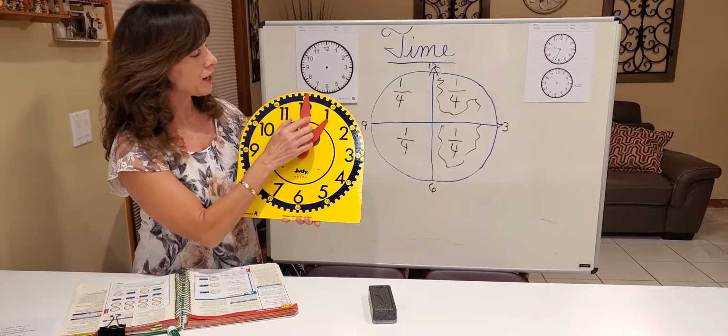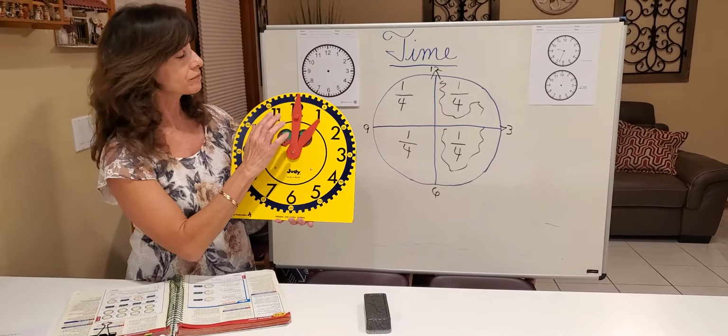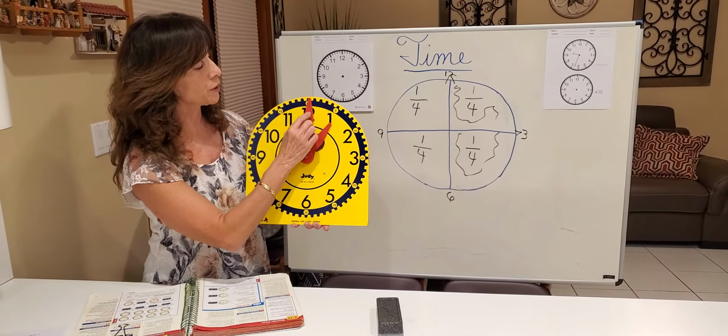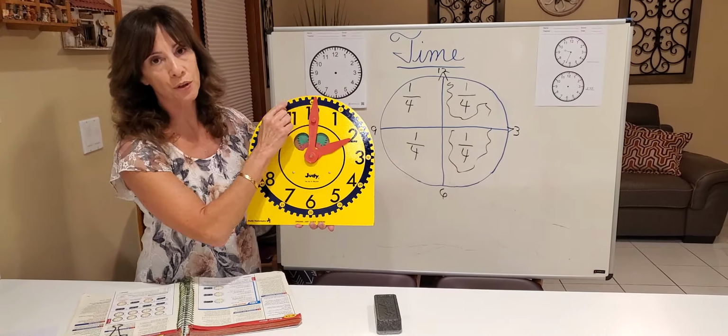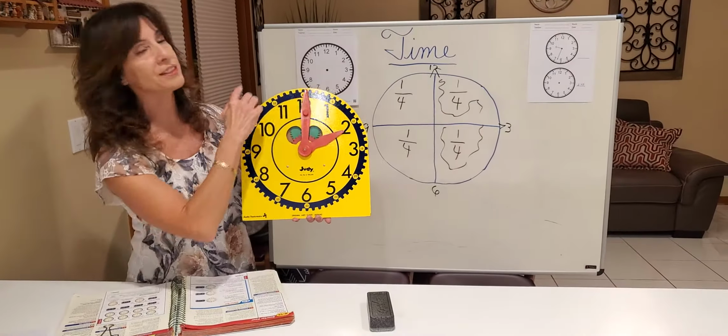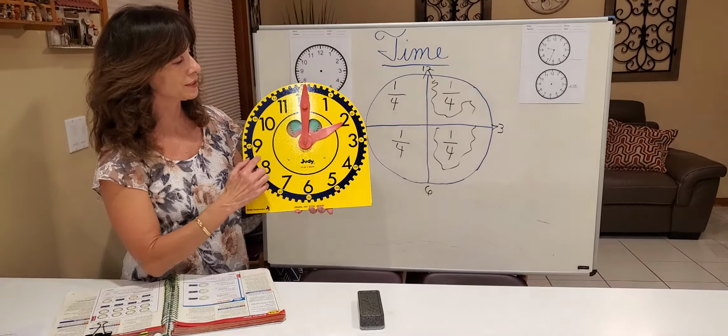So each hour has 60 minutes. And so that's why when you go from 1 o'clock to 2 o'clock, you're going a whole 60 minutes around. So a whole 60 minutes.